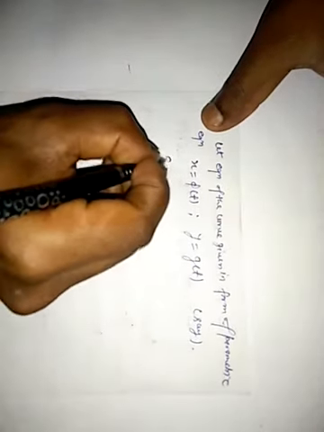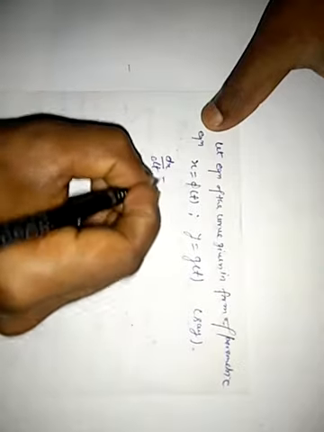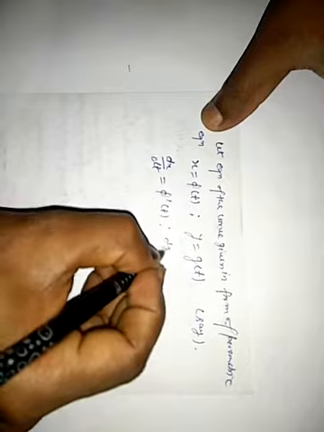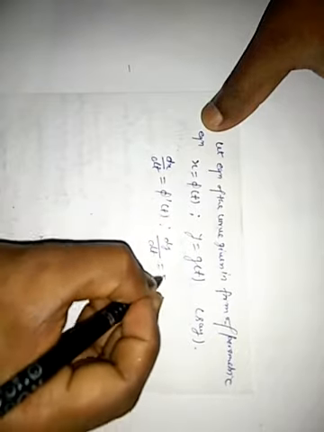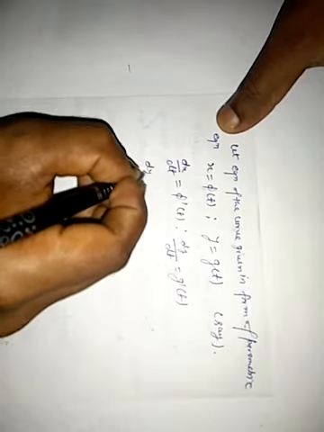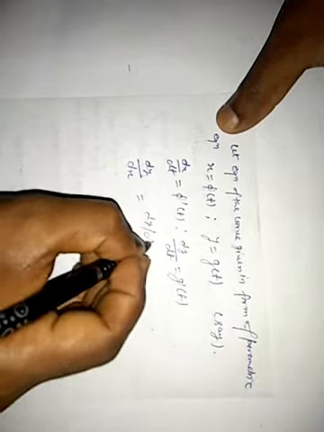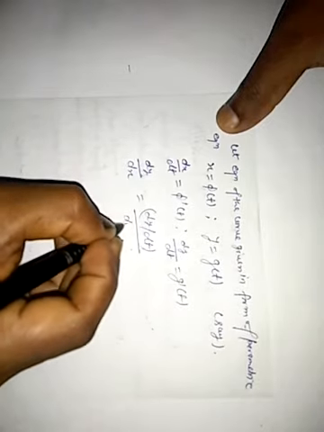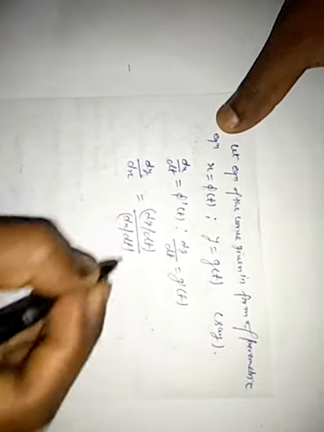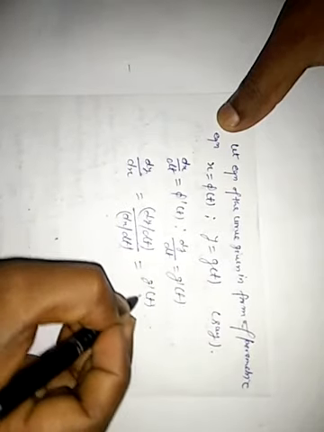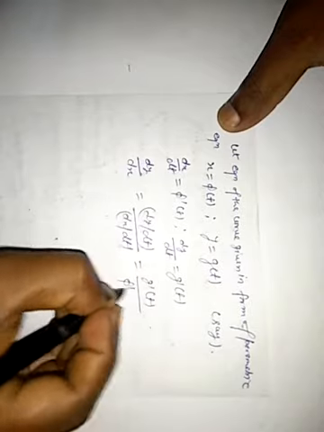Then dx upon dt is equal to phi dash t and dy upon dt is equal to g dash t. So dy upon dx is equal to dy upon dt upon dx upon dt, which implies g dash t upon phi dash t.